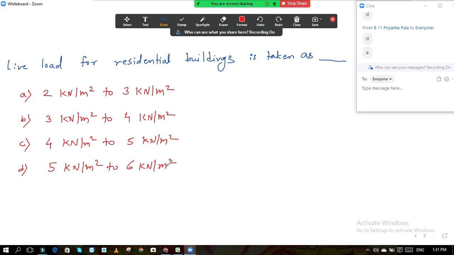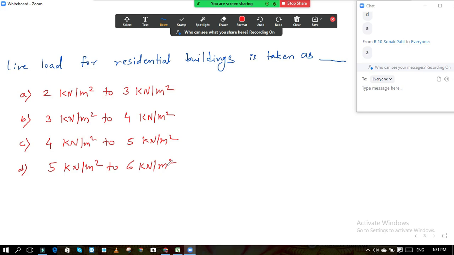Roll number 11, Priyanka, is saying 2 to 3 kilonewton per meter square, option A. Anybody else? Roll number 10, she is also saying the answer is A. So for residential building it is 2 to 3 kilonewton per meter square.